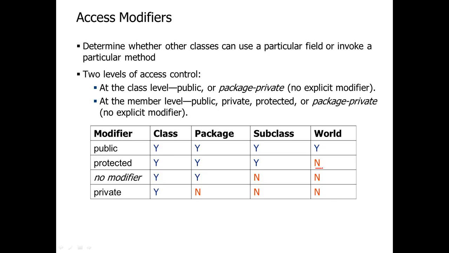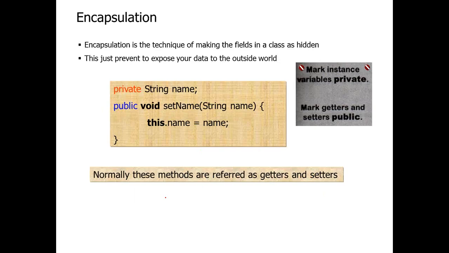It is not visible as a public scope. With no modifier, it is visible within the class and within the package only. And private is visible only within the class. So this is a kind of restrictive control you can perform on your members as well as your classes. Let's see what you can actually do with these access modifiers.